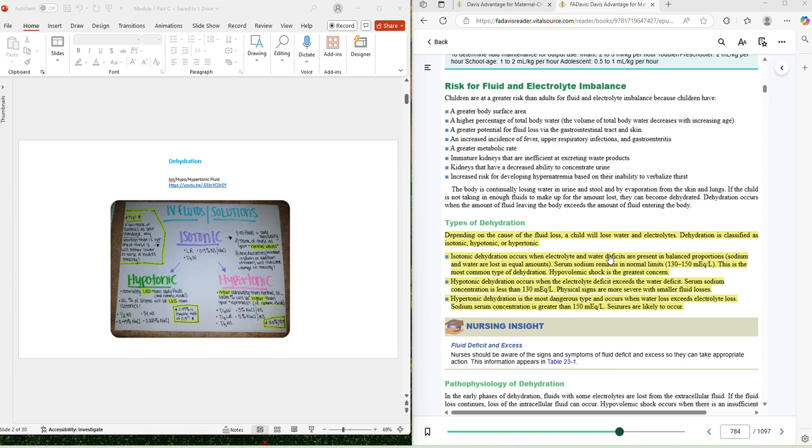So in hypotonic, you have more water than sodium. In hypertonic, you have more sodium than water. Hypertonic is when the seizures happen. It's when the sodium is greater than 150.